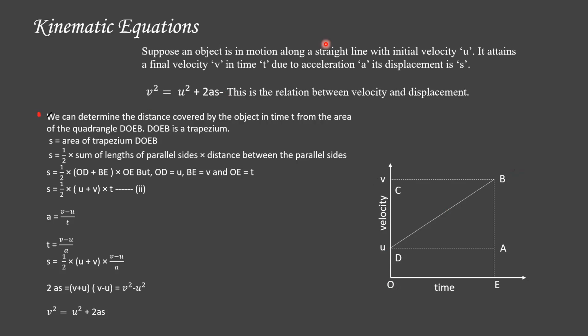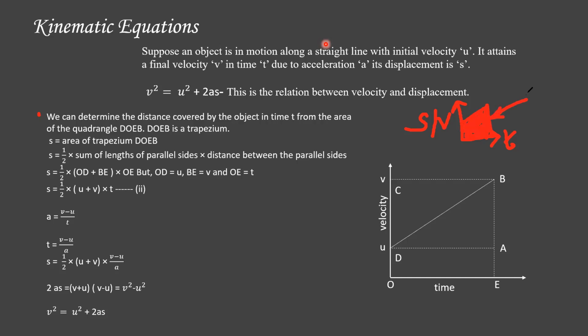Look over here. The first point: we can determine the distance covered by the object in time t from the area of quadrangle DOEB. Whenever you have a graph of velocity or even speed versus time, where time is on the x-axis and speed or velocity is on the y-axis, whatever area you cover in the graph, this area will be the displacement.